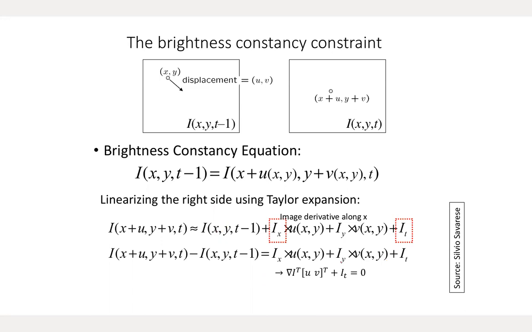Or I can write it more succinctly as this one here. Delta I transpose is basically Ix, Iy, multiplied by U V here. So when I multiply, then I get this one, right?